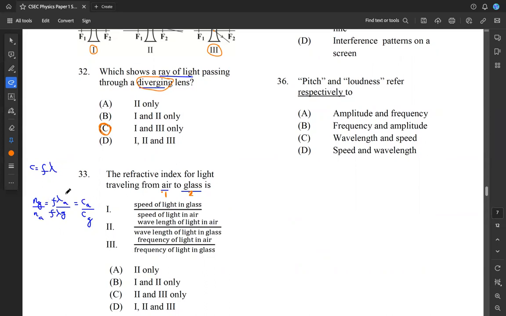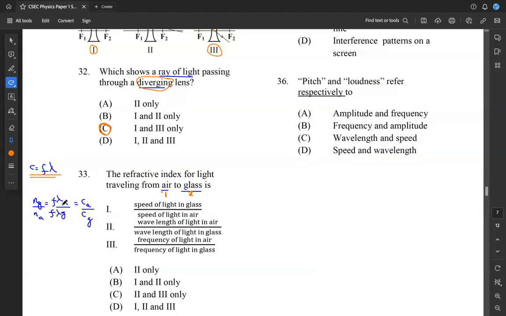And now I'm going to write it in terms of speed of light, because they're asking in terms of speed or wavelength or frequency. So I know I need to use my wave equation, right? Which is c is equal to f lambda. Ordinarily, we know that the refractive index of glass over the refractive index of air would also be equal to the wavelength of air over the wavelength of glass, or the speed of air over the speed of glass.